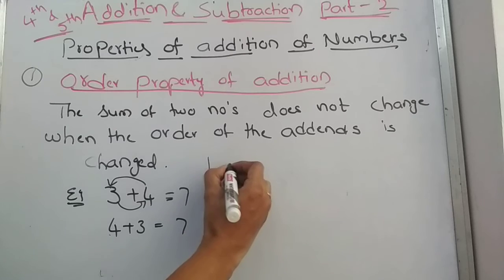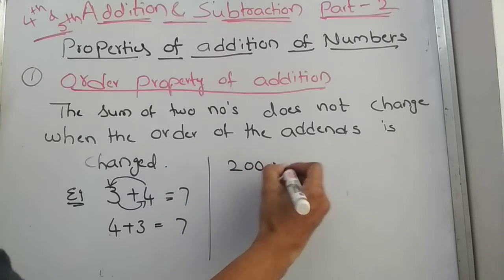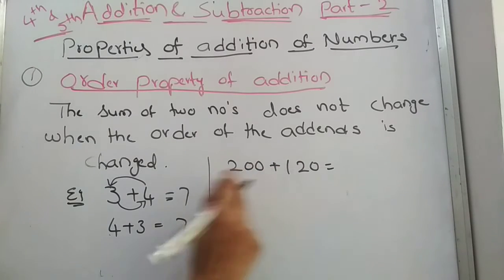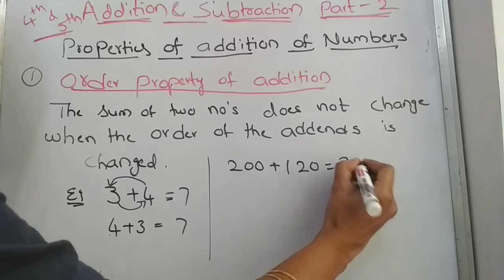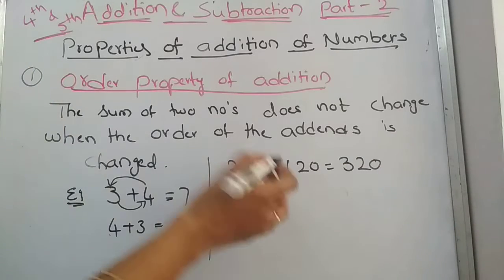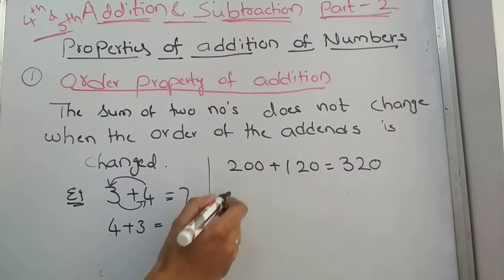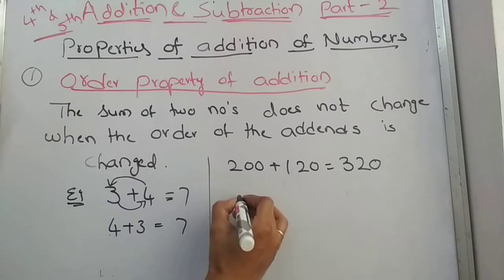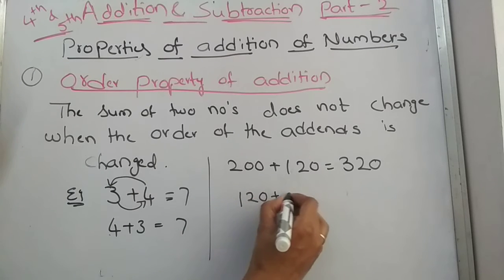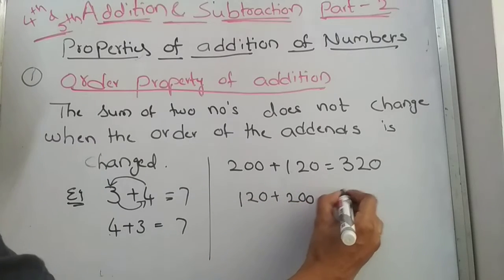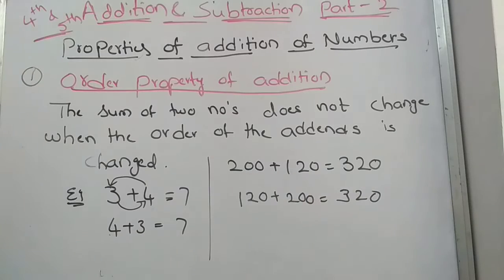One more example. Suppose 200 plus 120. If I am taking this one, how much? 320. So the places are changing. The second number is coming first, the first number is coming second. 120 plus 200 equal to 320. The same sum will come.